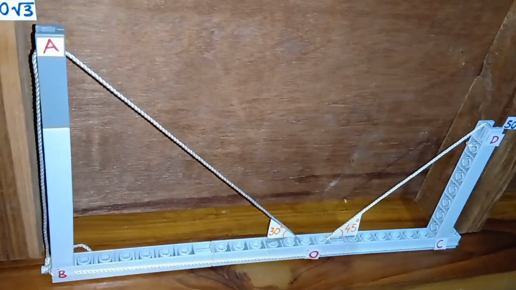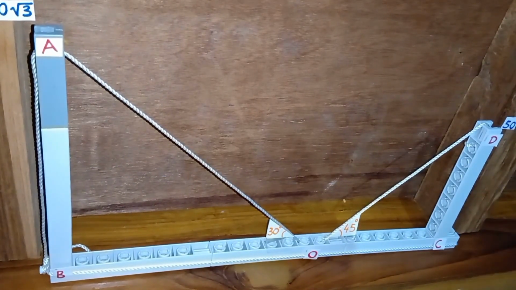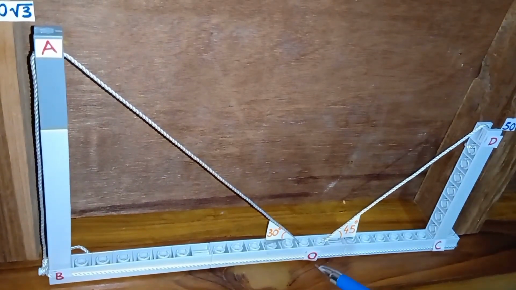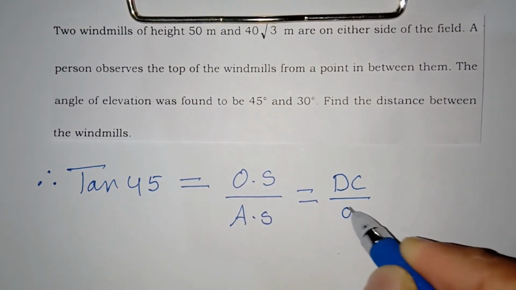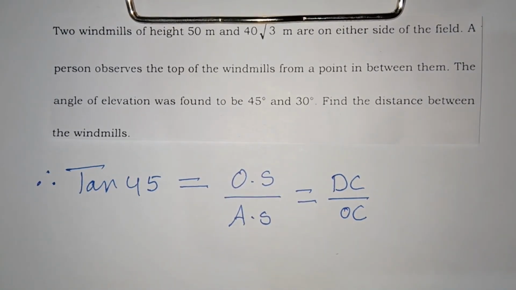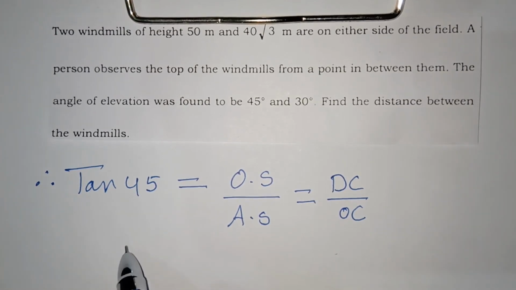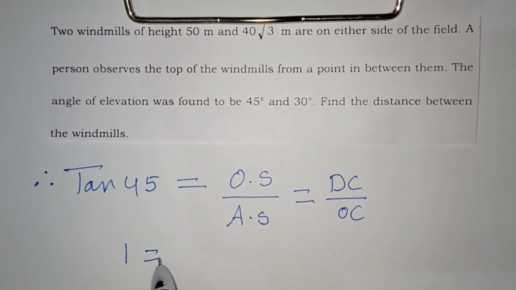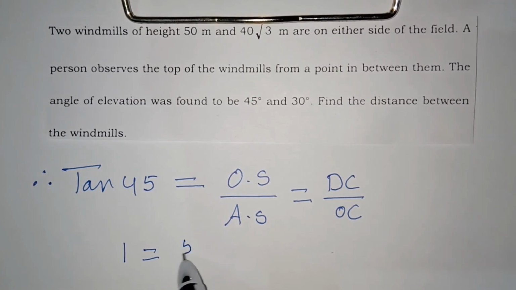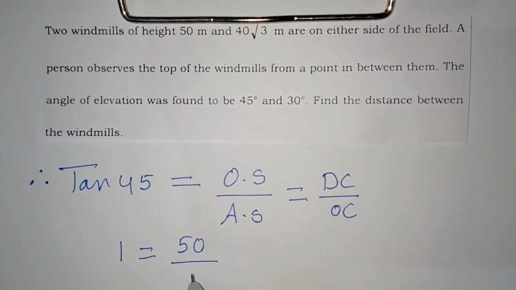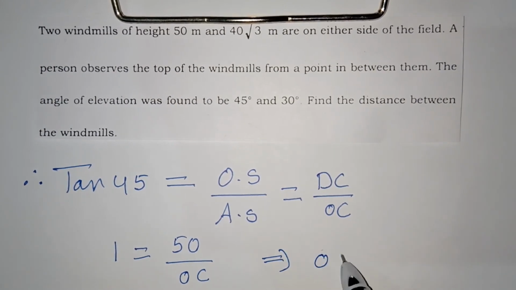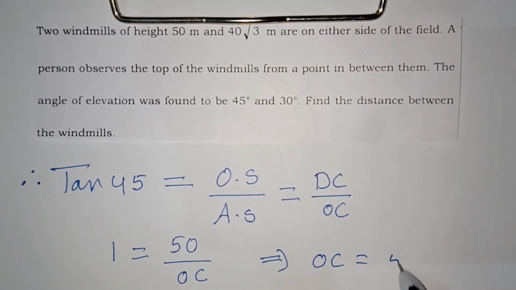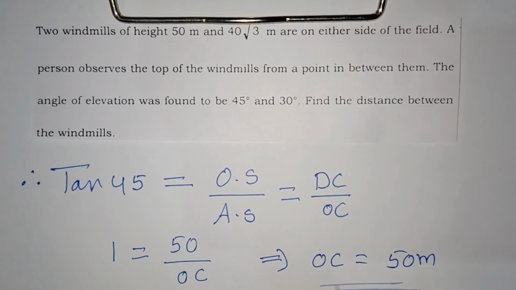Opposite side is DC and adjacent side is OC, so DC by OC. We know that the value of tan 45 is 1. DC is 50 by OC. Therefore, OC is equal to 50 meters.